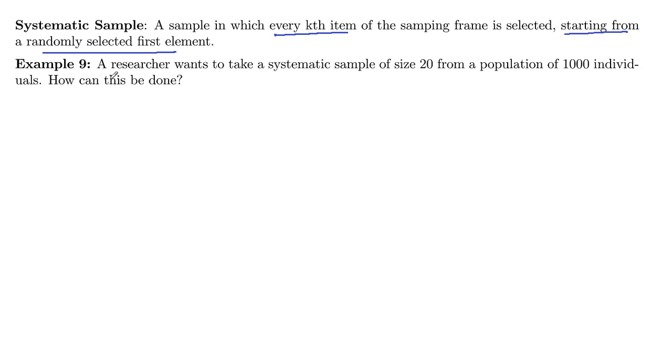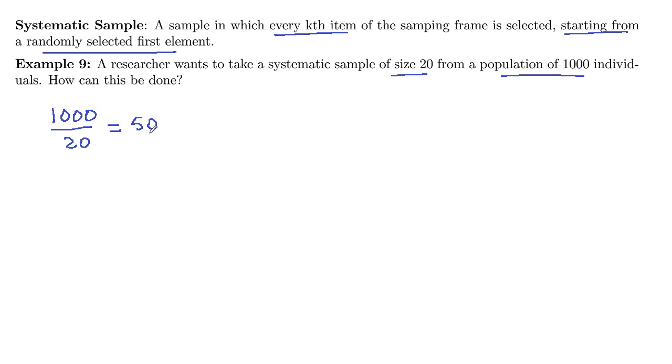In example 9, we've got a researcher here who wants to take a systematic sample of size 20 from a population of 1,000 individuals. How can that be done? So what process would we go through? Well, if we have a sample of size 20 from a population of 1,000, then we know that if we take that 1,000 and divide it by 20, that quotient is 50.